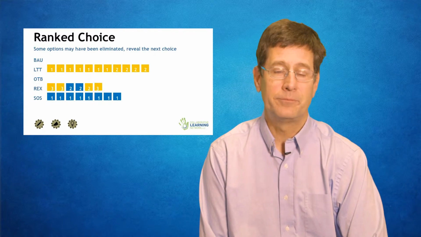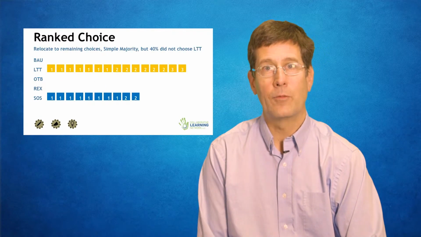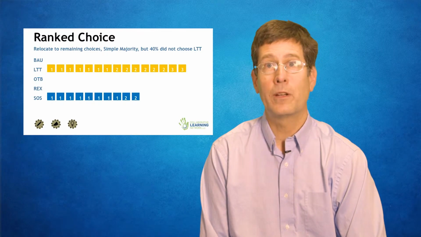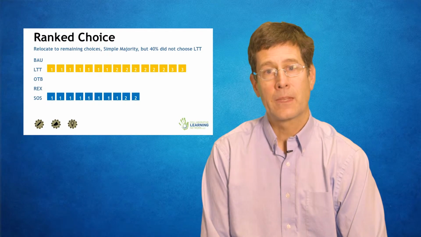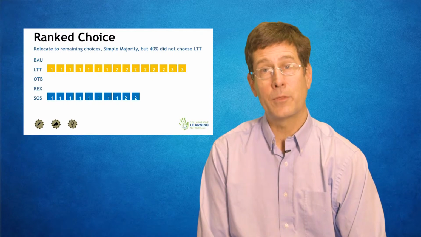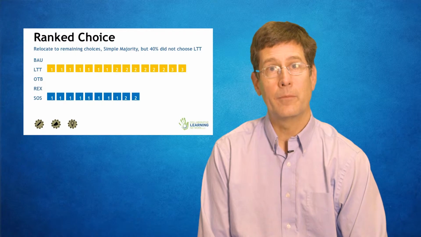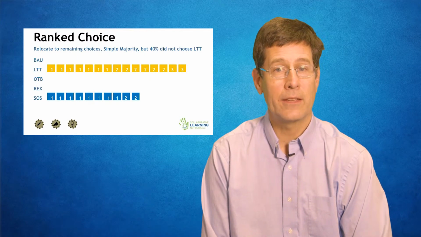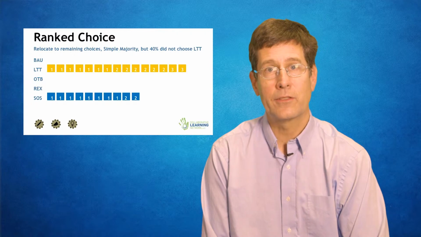And again, redistribute them. And in this example, you'll see, well, now we're at a point where we have still that simple majority, but not everyone, or not a clear majority, has kind of established that choice.